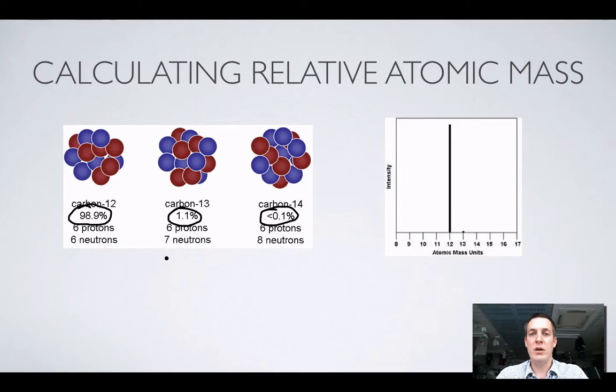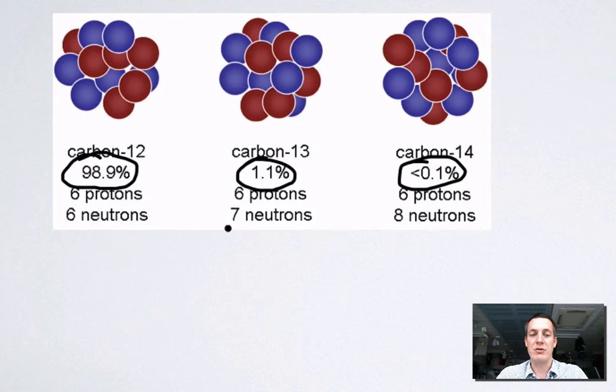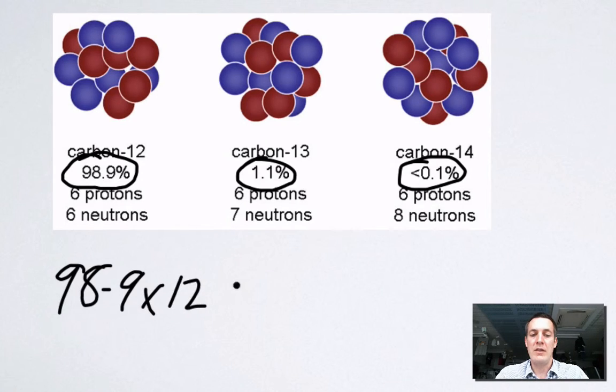Now, if you had 100 of these atoms, you could easily find their average mass because you'd know that 98.9% of them, so 98.9 out of every 100, would have a mass of 12. And then there'd be 1.1% of them that would have a mass of 13. And there'd be less than 0.1%, so we're saying this is insignificant, as we can see here. These two add up to 100%.